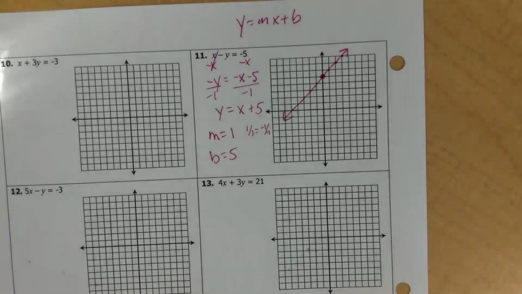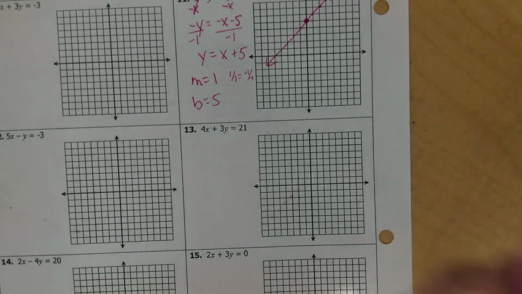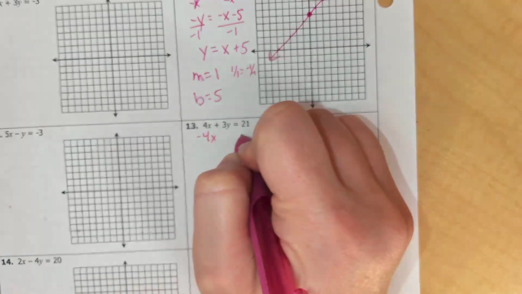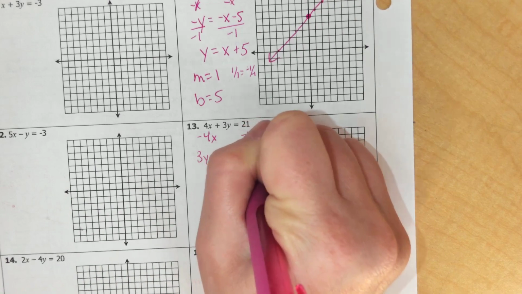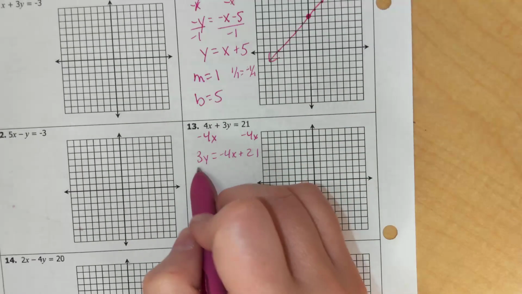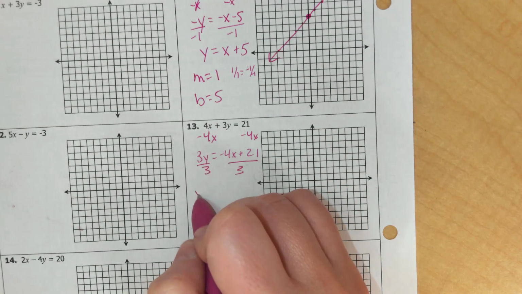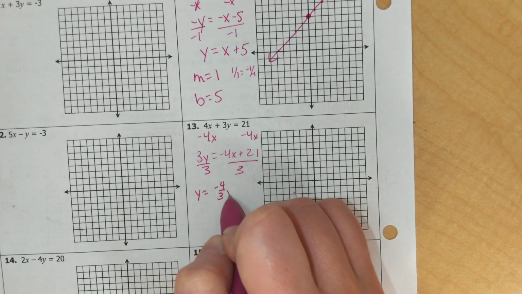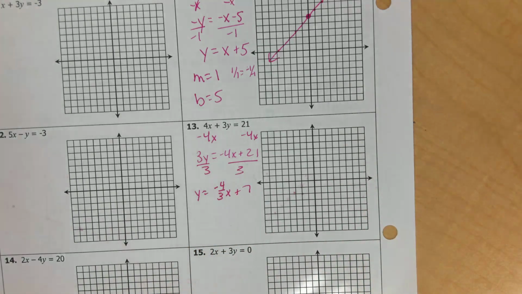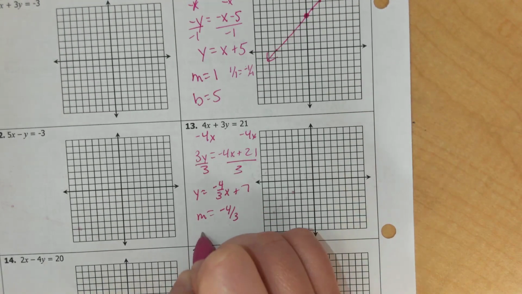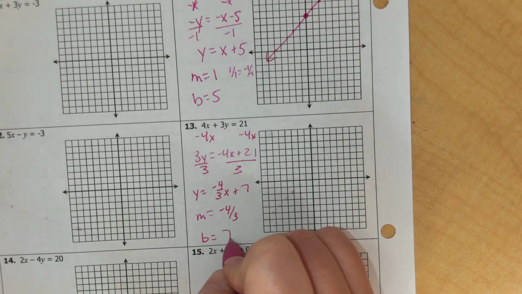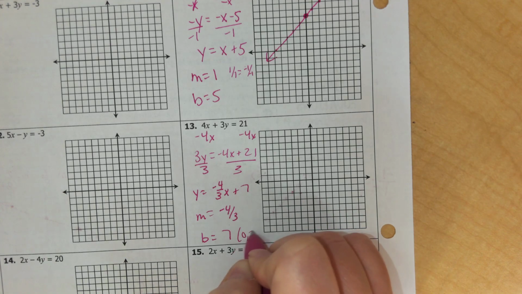It's in standard form. Okay, so let's give number 13 a shot. So we're going to subtract 4x. So we have 3y is equal to negative 4x plus 21. We got to get y by itself, so we're going to divide by 3. So y is equal to negative 4/3 x plus 7. So that means that my slope here is a negative 4 over 3, and my y-intercept is a 7, or at the point 0, 7.